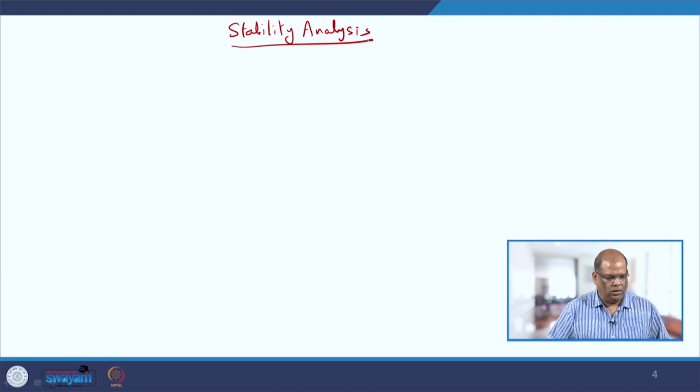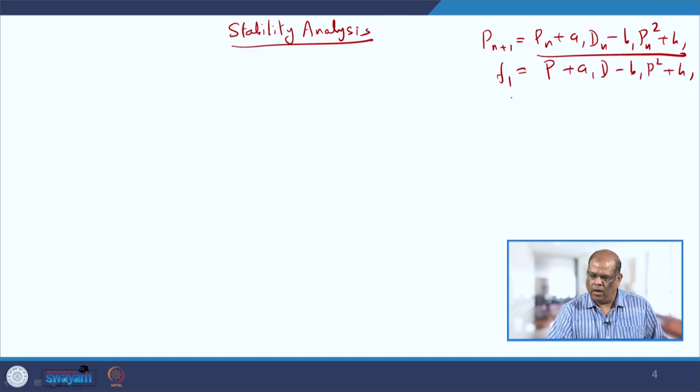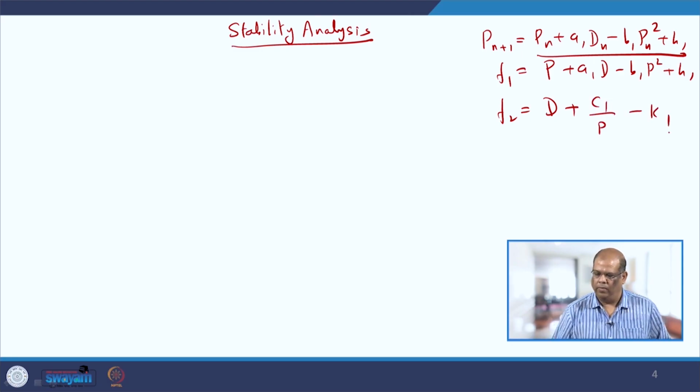So in the stability analysis, let me write the equations. We take some function f1 equal to p plus a1 d minus b1 p square plus h1, and similarly the function f2, which is dn plus 1, as d plus c1 by p minus k1.